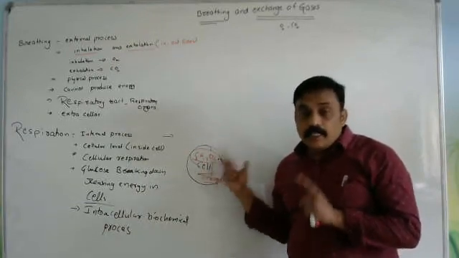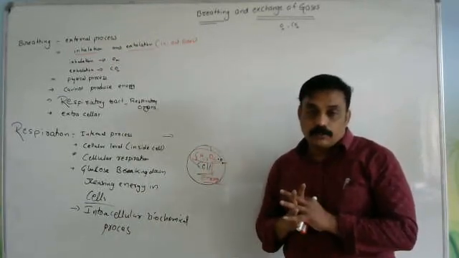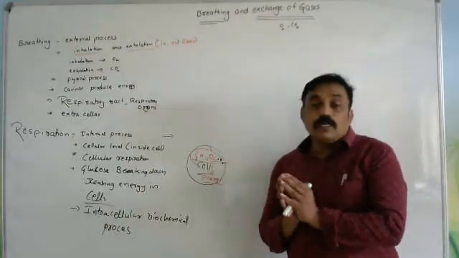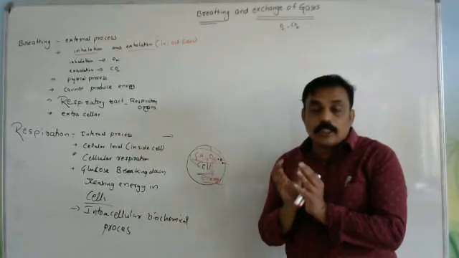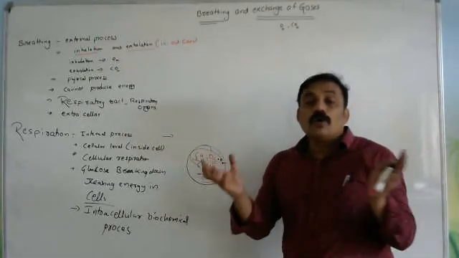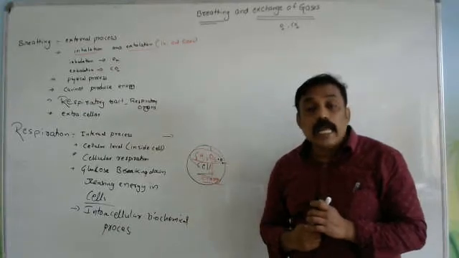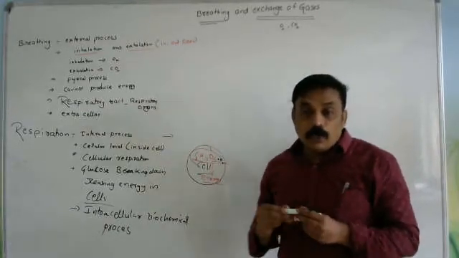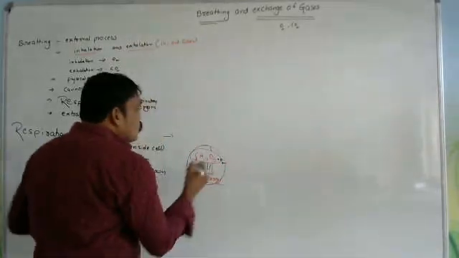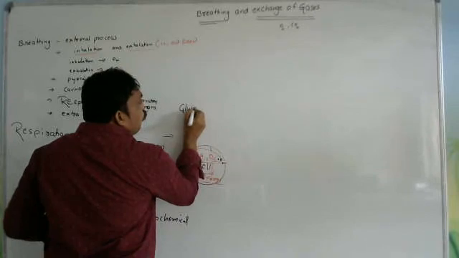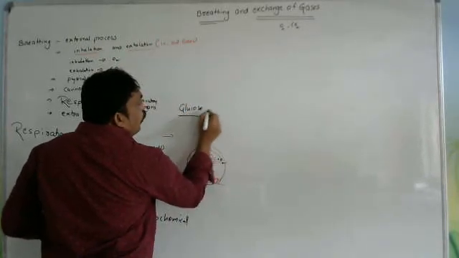So, if anybody is asking what is respiration: oxidation of food molecules. Food molecules, in the presence of oxygen, are broken down, releasing energy inside the cell. For example, glucose is the food substance, a nutrient.